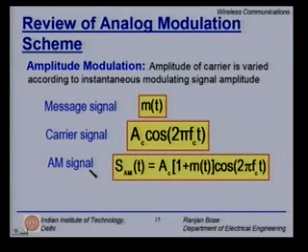The AM signal is nothing but A_c (1 + m(t)) cos 2 pi f_c t. Here please note that I could have simply had m(t) times cos 2 pi f_c t, but it will have certain problems. So, I am adding a carrier here also. This is the AM signal in its most basic form.